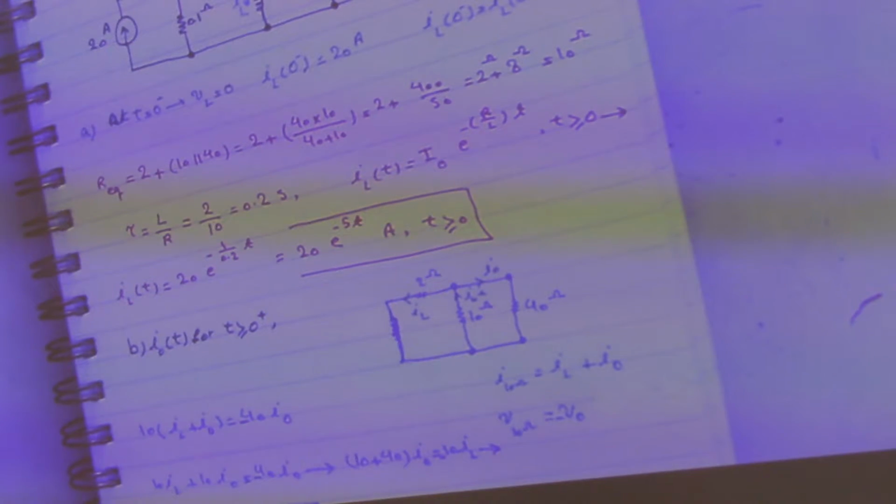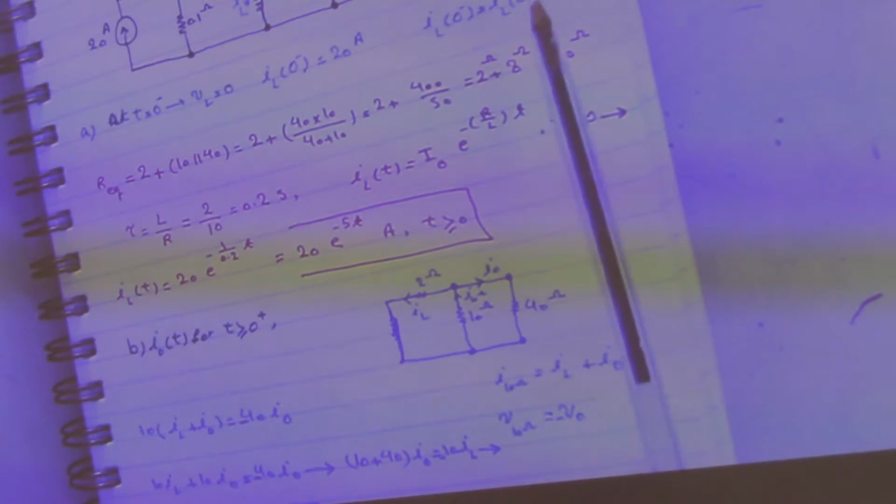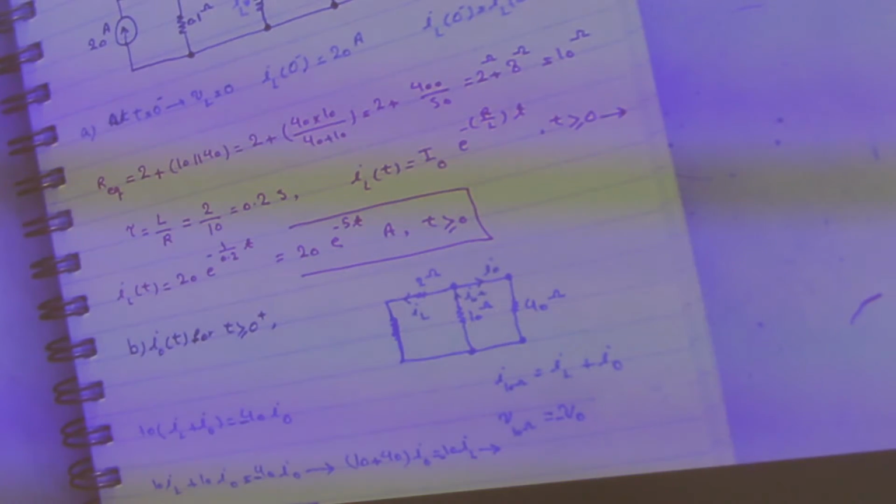I already explained that before we close the switch and after we open the switch, iL(0-) is equal to iL(0+), 20 amps, because there is no sudden jump in the current flowing in the inductor.